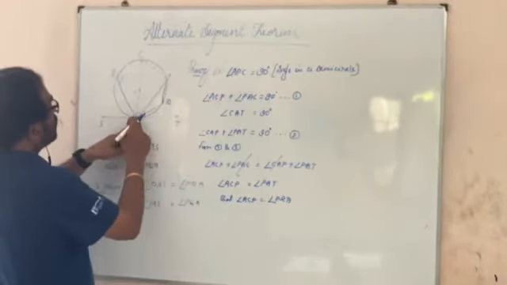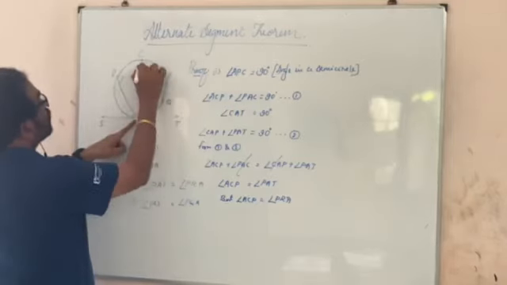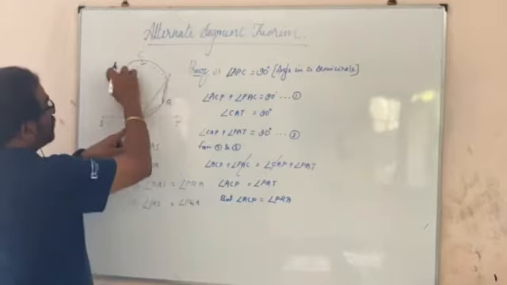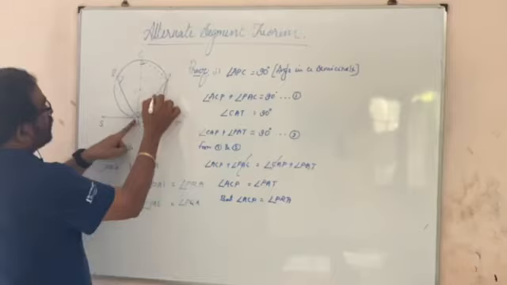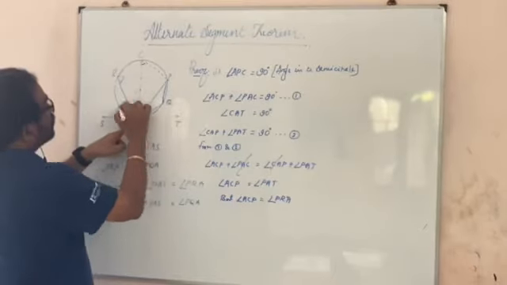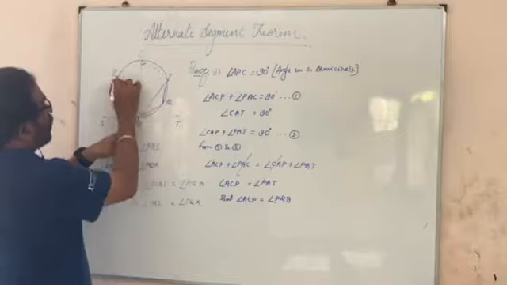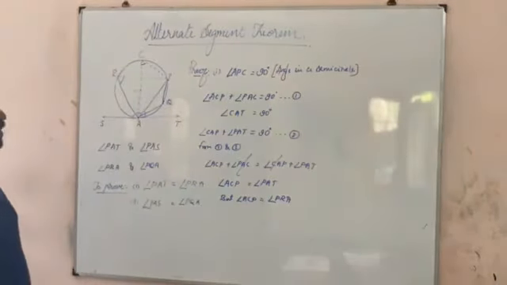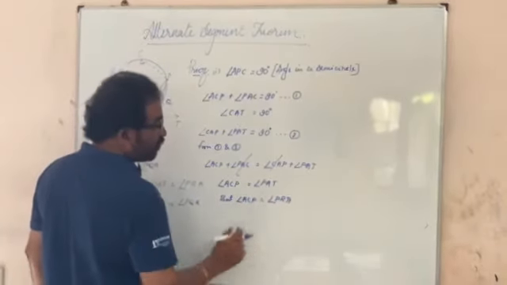Angle ACP and ARP are angles in the same major segment, angles made by this chord on the major segment. Both are the angles made by the same chord in the same segment, so they are equal. ACP is equal to PRA.